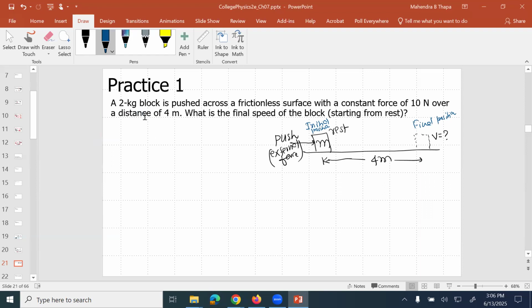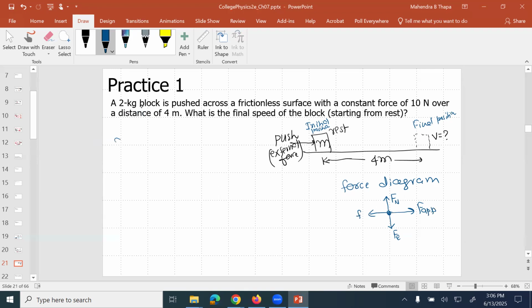As before, if you draw the force diagram for this mass, we have forces Fn, Fe, F applied, and friction, right?